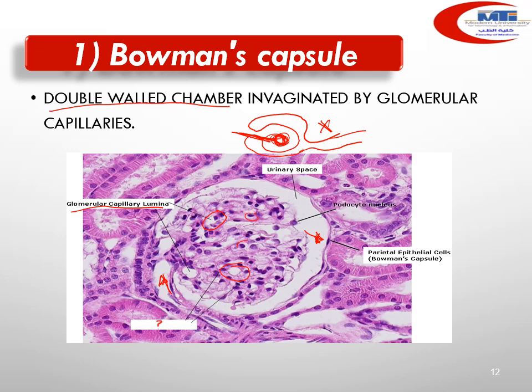These are the endothelial cell or podocyte or mesangial cell, either of these three cells. So this is the Bowman's capsule itself. The Bowman's capsule is this area, and the podocytes are lining the blood capillaries in this area.